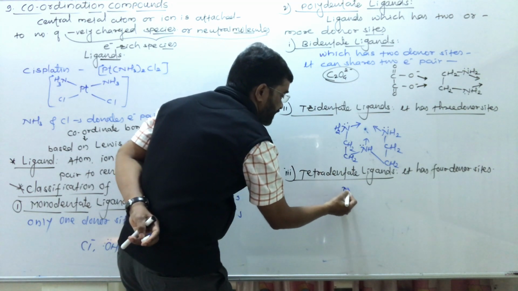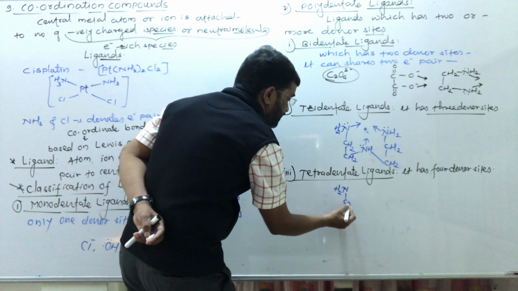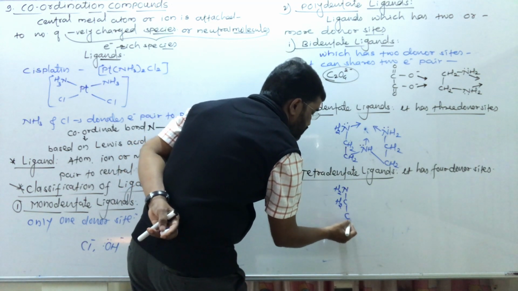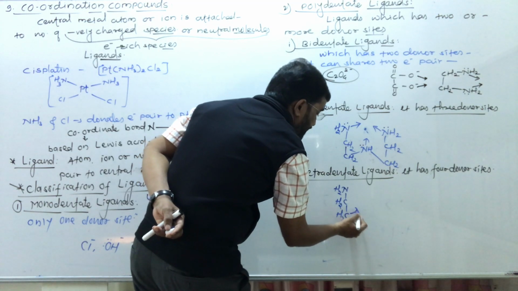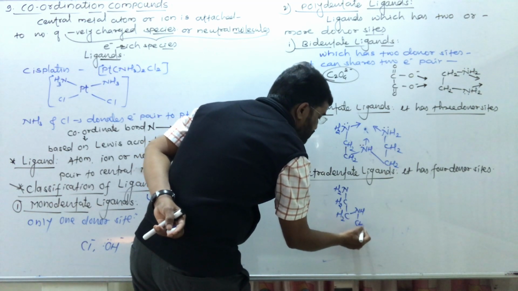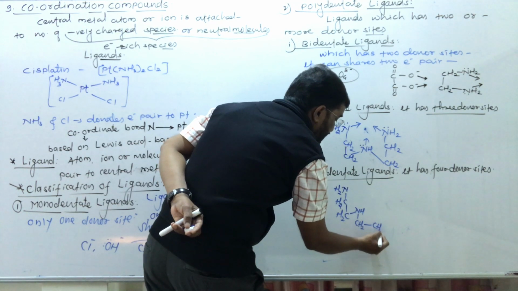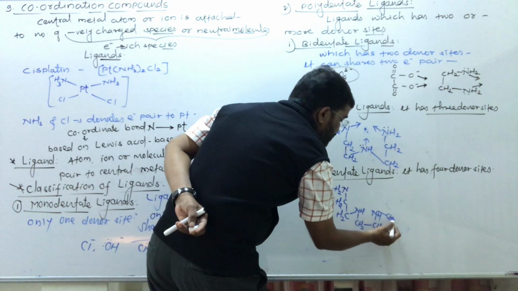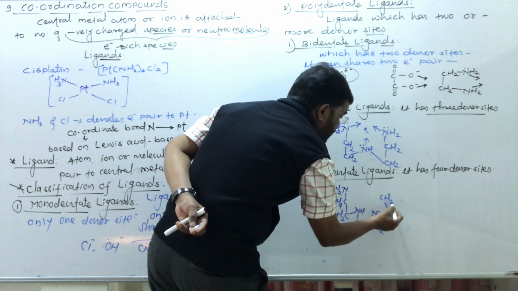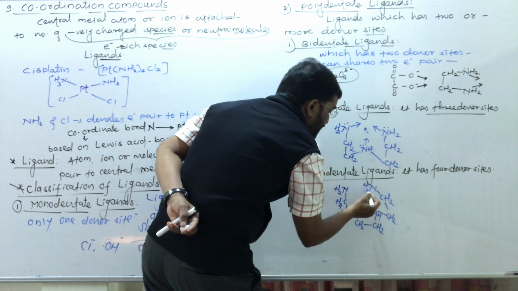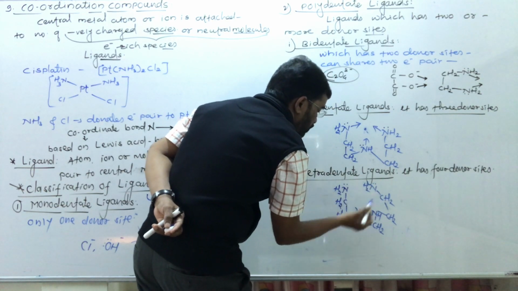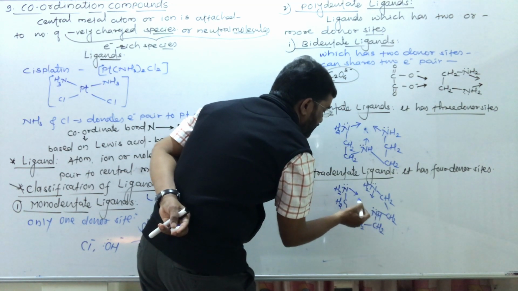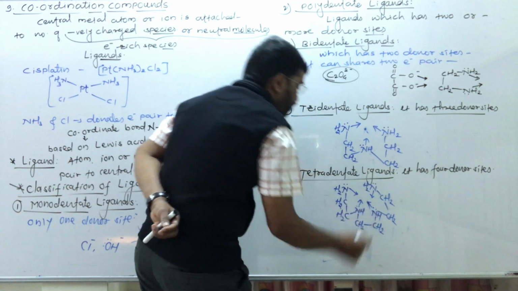Here see NH2, then CH2, CH2, then NH, then CH2, again CH2, NH, then CH2, CH2 and NH2. 1, 2, 3, 4, these are 4 donor sites.